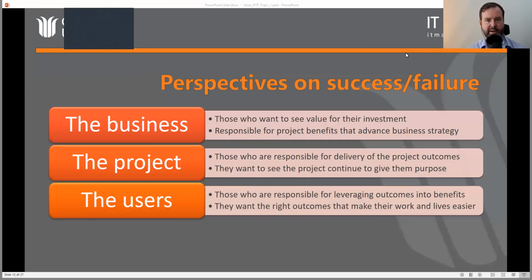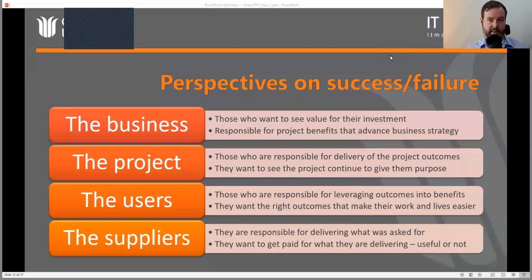So they leverage whatever gets produced to turn it into the benefits that the business is hoping for, the reason for the project in the first place. Now, if they get something that makes their life harder, if they're going to get something that makes things worse, if they're really not looking forward to it, they may view the project as a failure. The project team may think it's great. They're enjoying their job. The business is thinking this is going to be good when we get there. And the users are saying, no way.